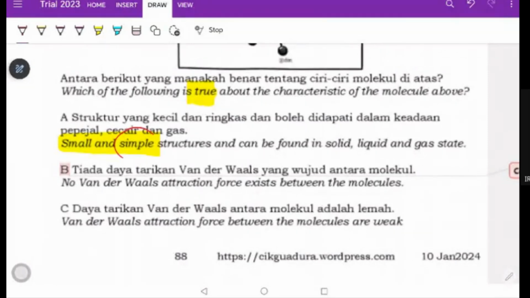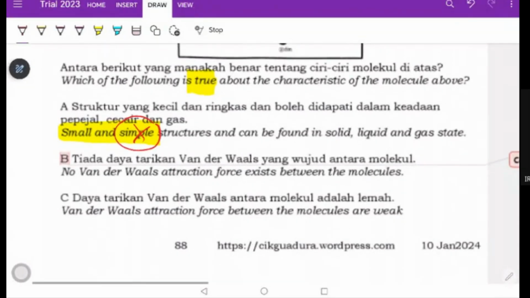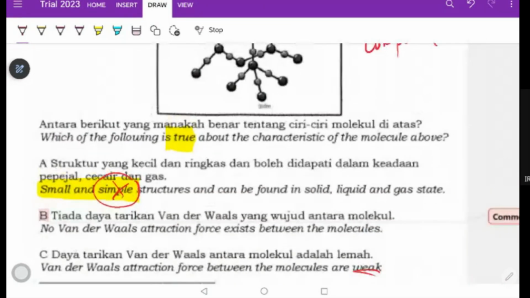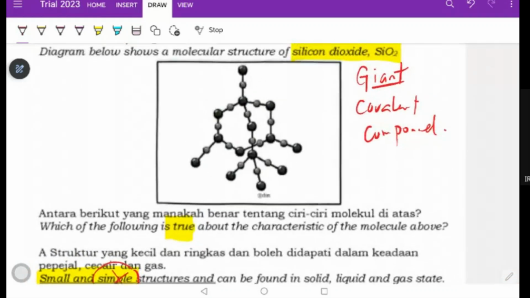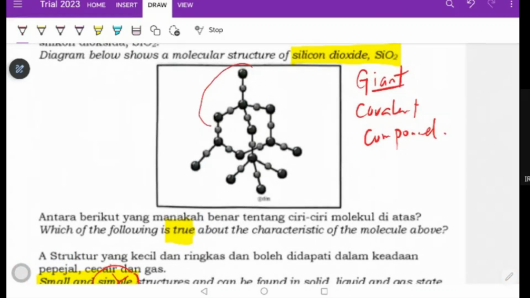So if it says simple, no, that is out already. No van der Waals attraction force exists in the molecule. Correct, van der Waals between molecules are weak. This one is special because of the giant covalent bond. If it is a simple one, it is one covalent compound.